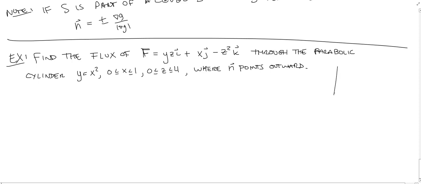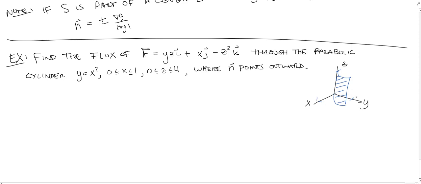Just so you get a visual for this, you have part of a cylinder in 3D space, and it's something like this. You just have your curve here, y equals x squared, and we go from 0 to 4 for z, so it's just this surface here.